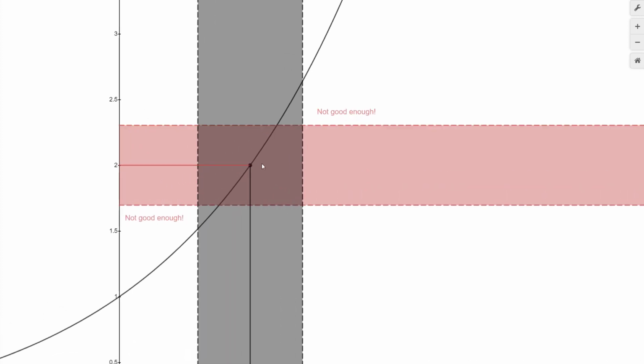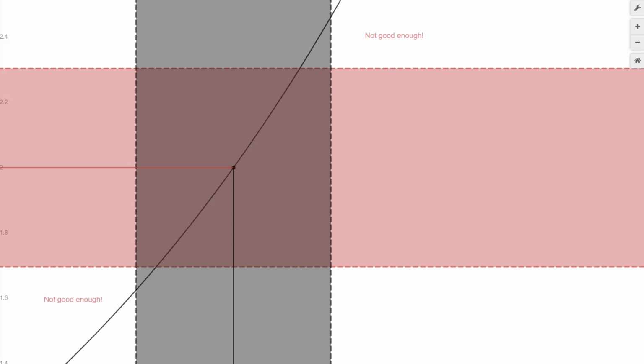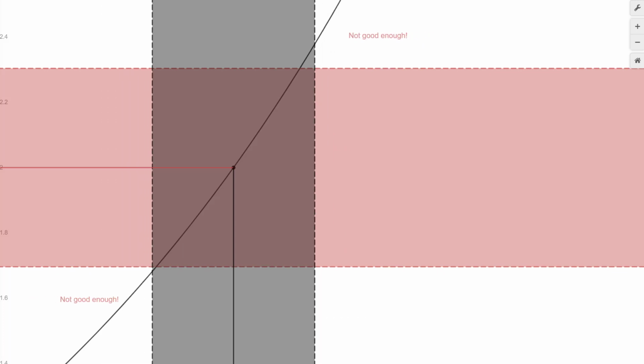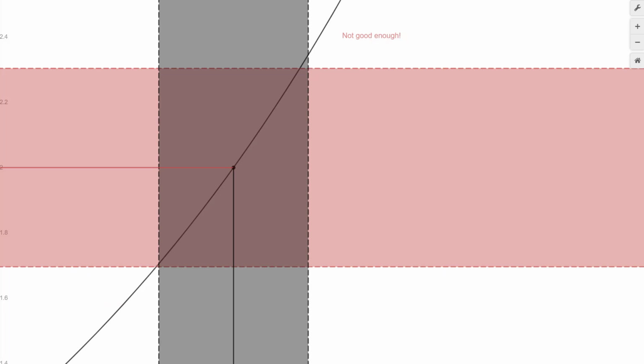Now, I'm going to zoom in. I want you to see something here as I zoom in. As I decrease the delta, pay attention to that left-hand side. Suddenly, right here, that left-hand side works. It becomes good enough. But notice the right-hand side, there's still y values that occur on our curve outside of that red epsilon band.